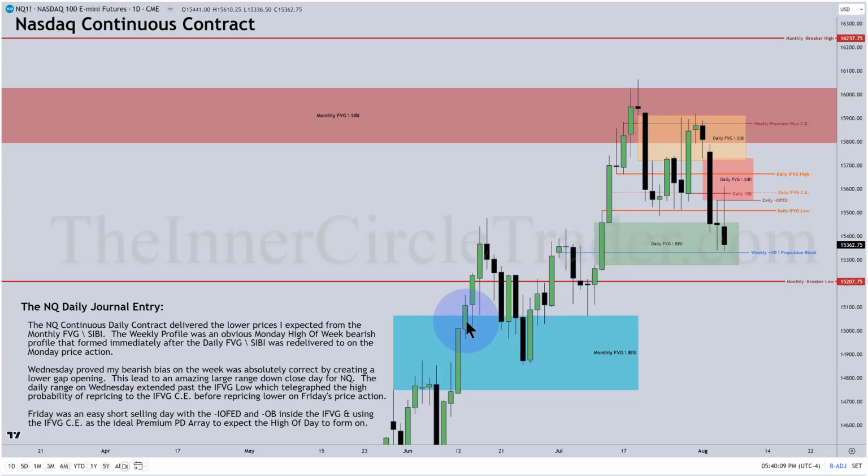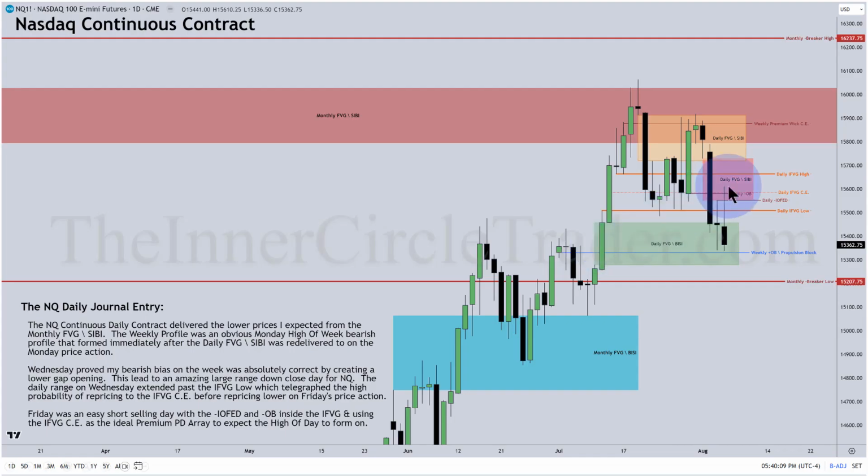And this is that monthly fair value gap, buy side imbalance, sell side inefficiency. We have a SIBI here. So it's a daily fair value gap, SIBI. The candle is down. Down candles that make a fair value gap is a SIBI. Up close candles that make a fair value gap is a BISI.